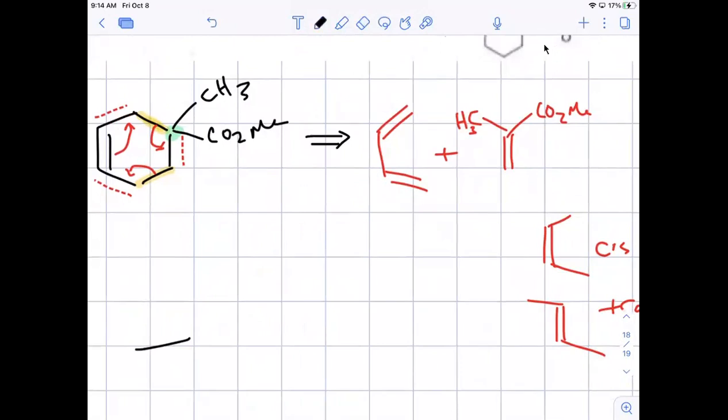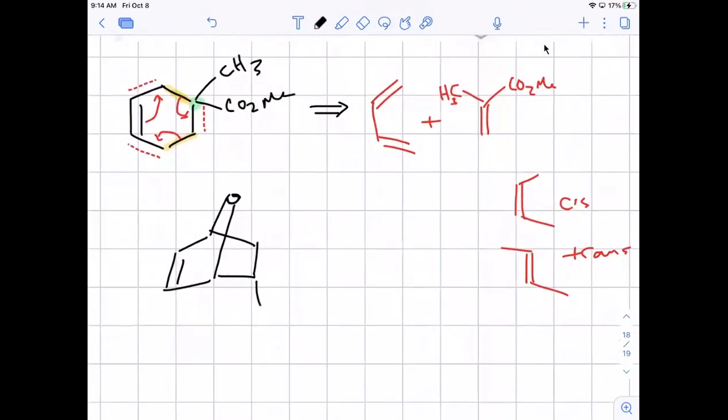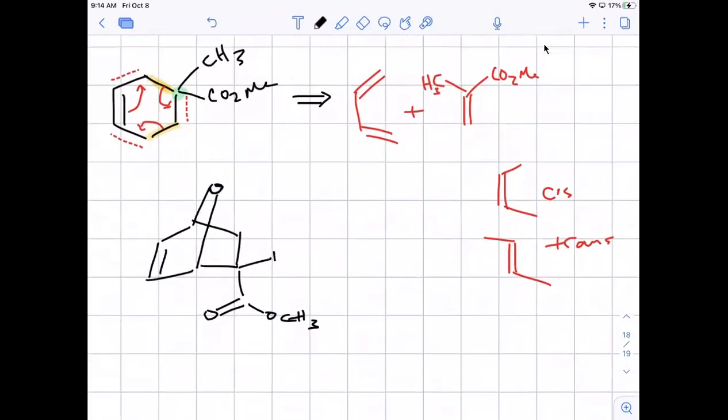I hate drawing these things, by the way. Boom, like that. Alkene here. And then on that, I'm going to draw that ester out.